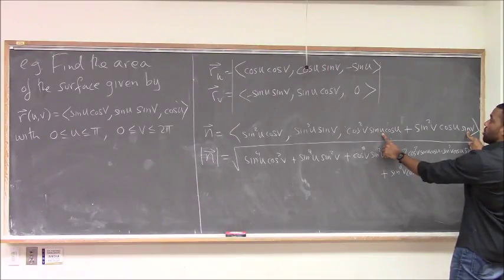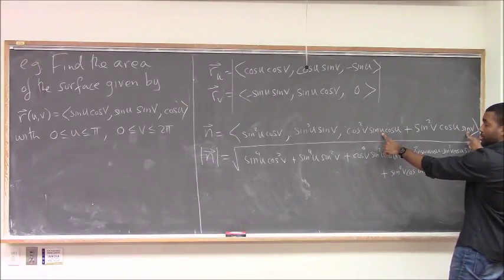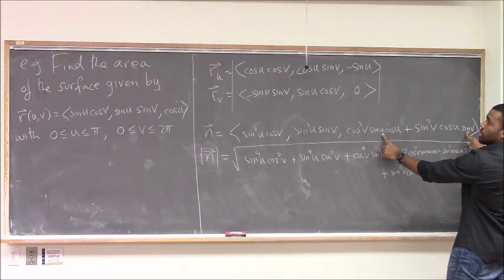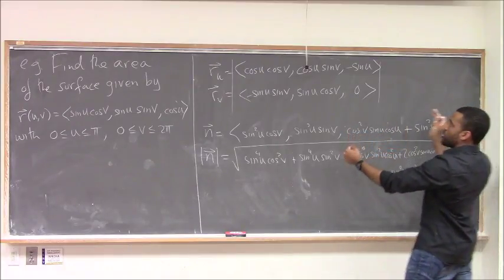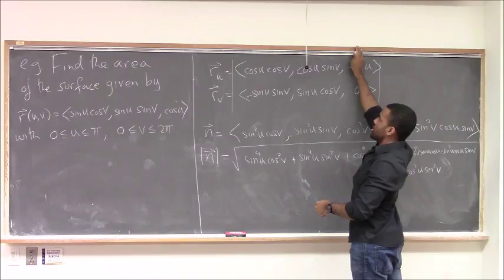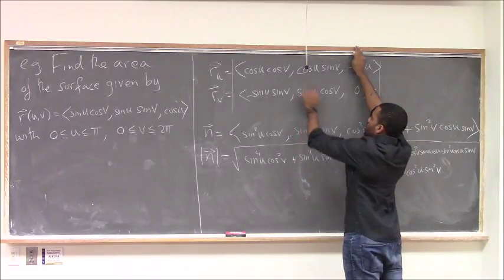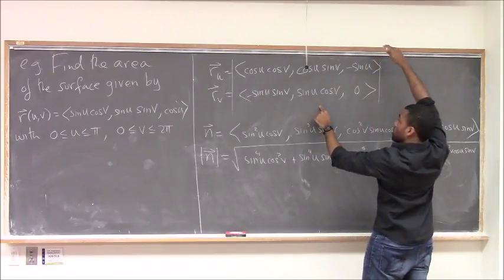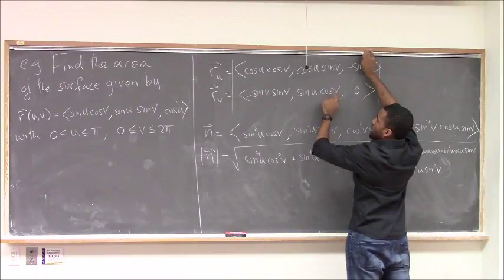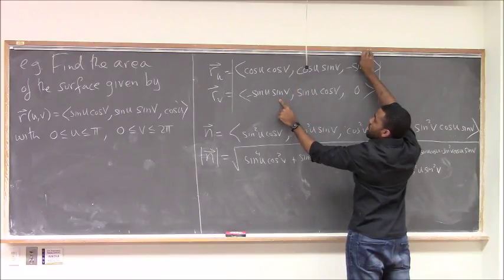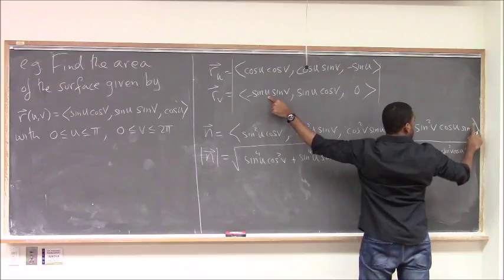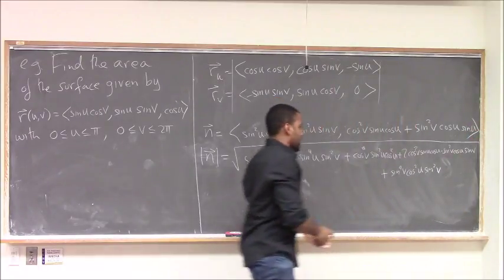Did I make a mistake? I think it's not right. This last component came from me blocking out this. So it's cosine v squared, it's sine u cosine u. That's right. And sine v squared, that's sine u at the end. Yes, now we could have simplified that.